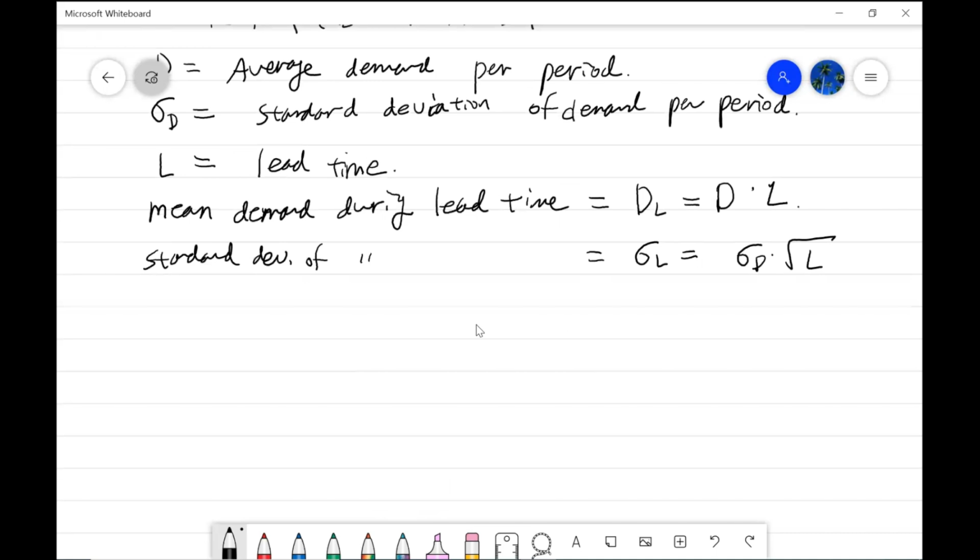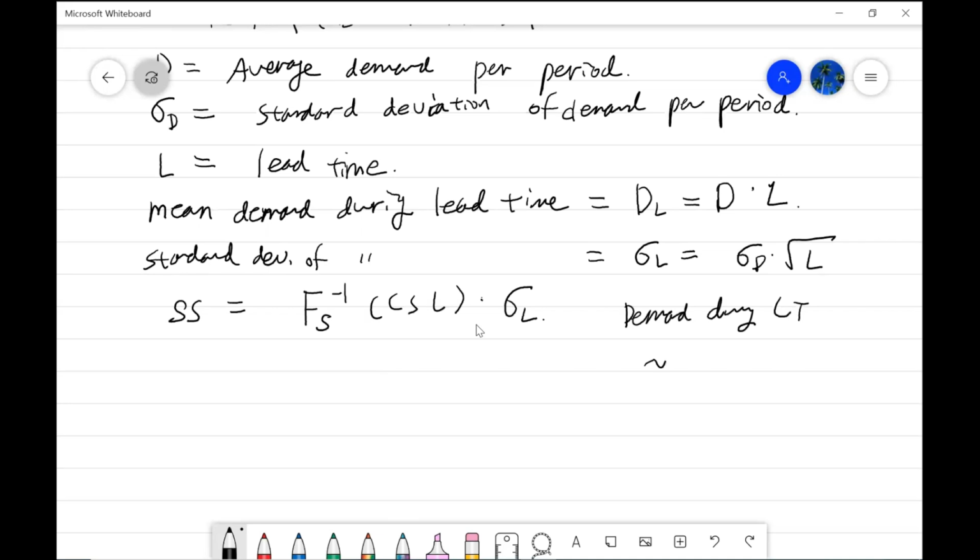Then what happens with the safety stock? We already had this, right? The safety stock amount is just the inverse of the cumulative standard normal distribution function of the cycle service level, multiplied by sigma L. Here we can say that demand during the lead time is another random variable following a normal distribution with mean DL and variance sigma L squared.